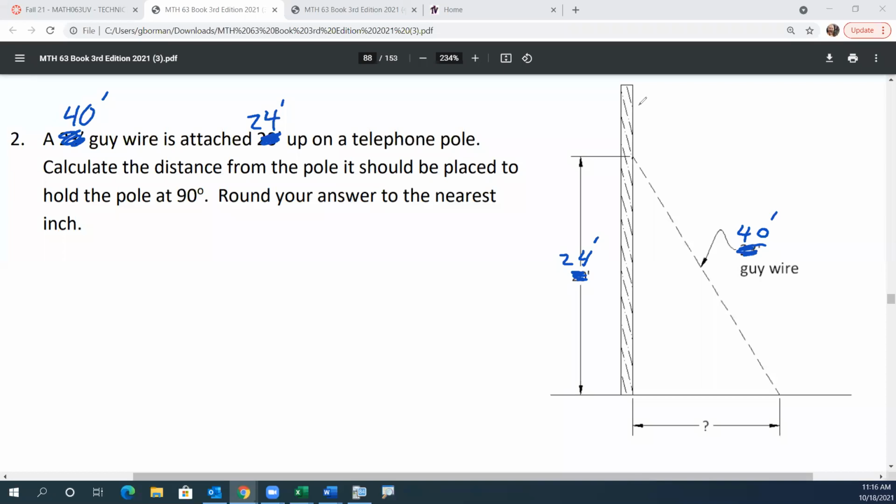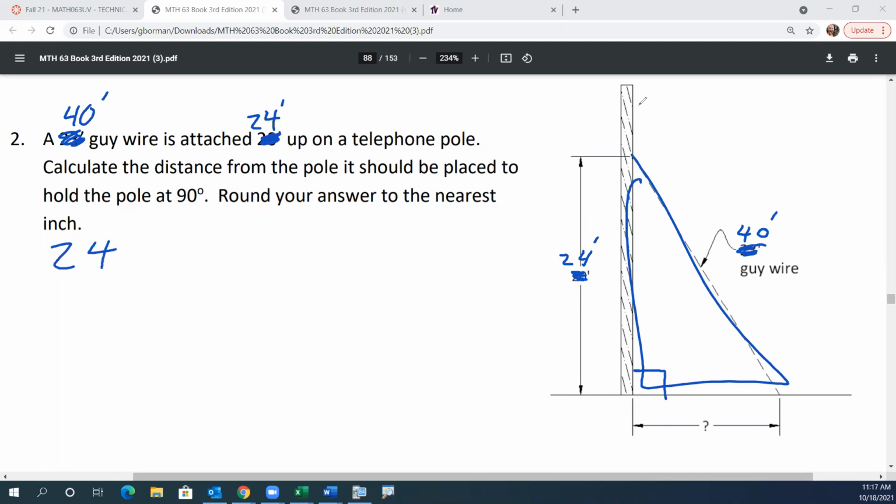Okay, so we got this cool guy wire here. 24 foot tall, 40 foot wire. And the question is, how far away from the base of the pole do we need to attach the wire? That might be helpful to know to set this thing up. So we clearly have a right triangle, so we can do the Pythagorean theorem.